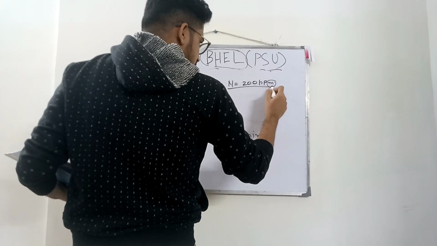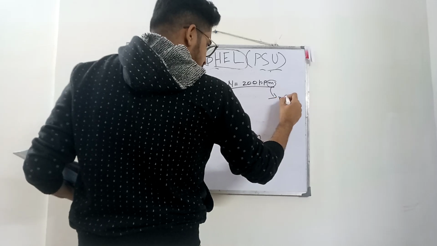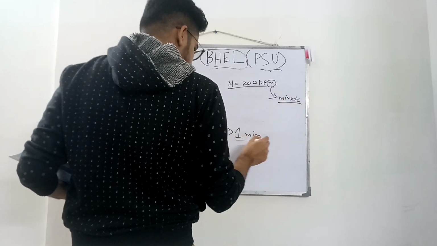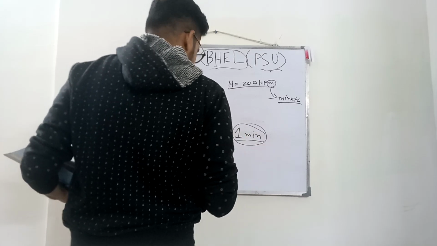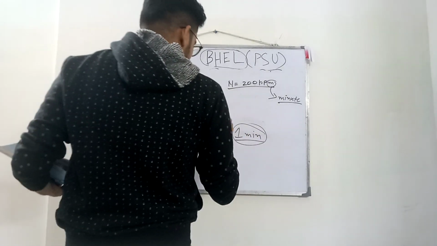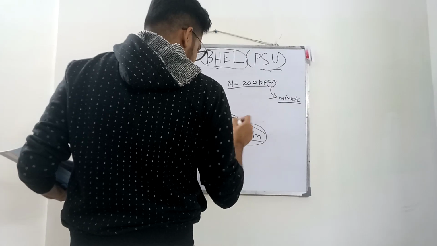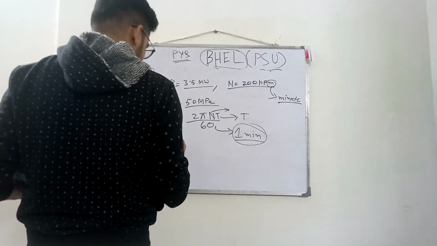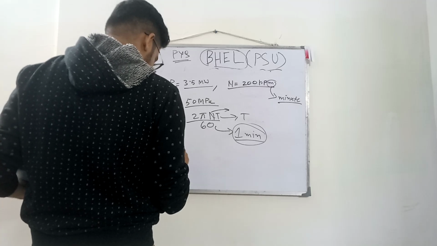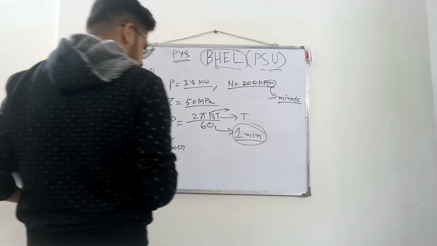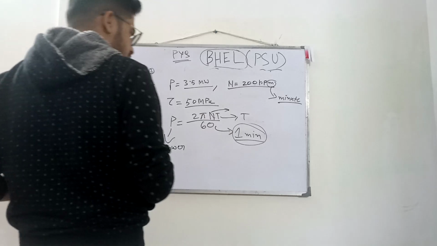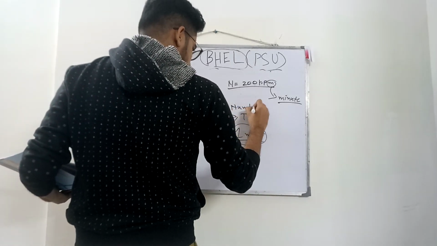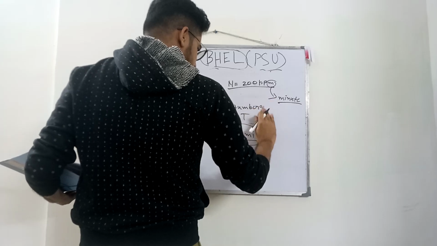N is the number of turns, T is torque, pi you all know, and P means power. This is the formula of power, the power being transmitted.